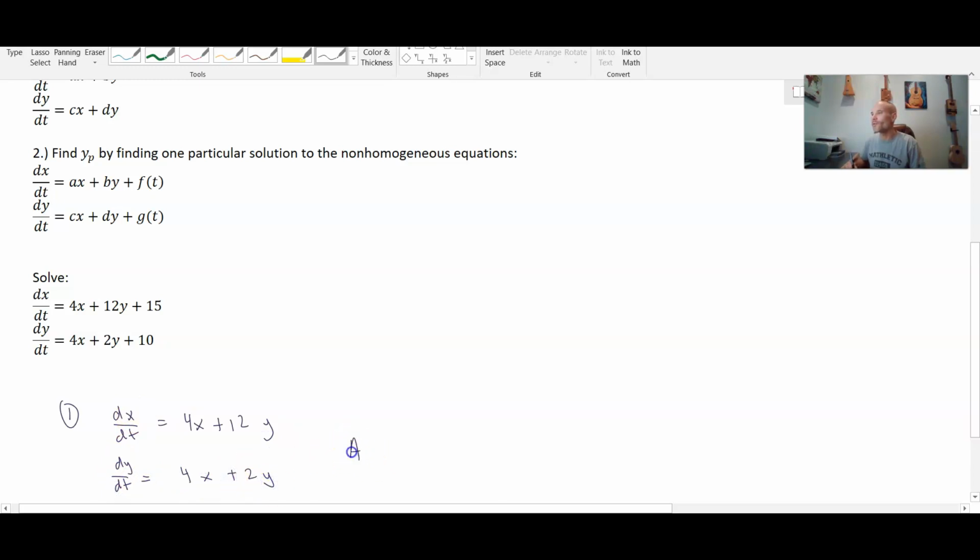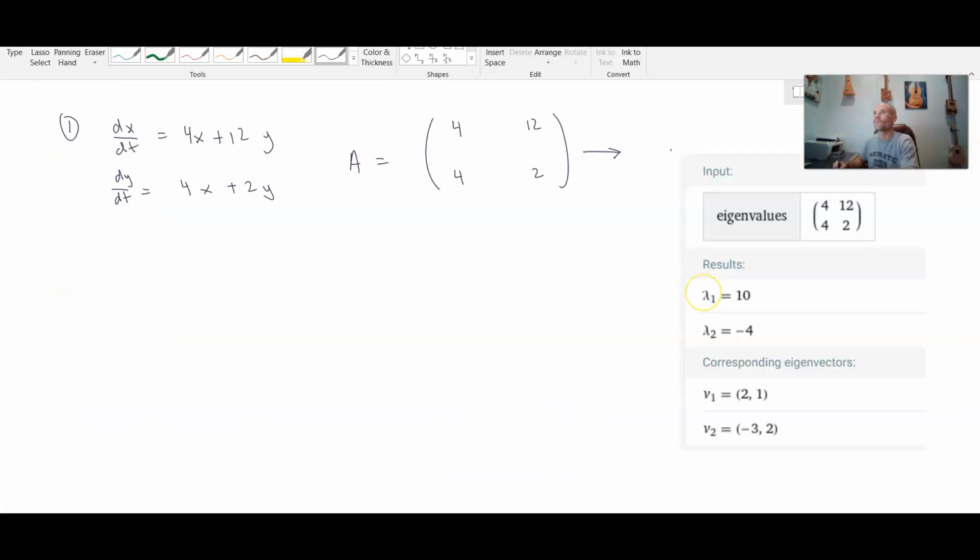So our coefficient matrix in this case has the coefficients of x and y in dx/dt, which are 4 and 12, and the coefficients of x and y in dy/dt in that same order, which are 4 and 2. We'll compute the eigenvalues and eigenvectors using technology, and we'll come up with eigenvalues of lambda 1 equals 10, lambda 2 equals -4, and the corresponding two eigenvectors.